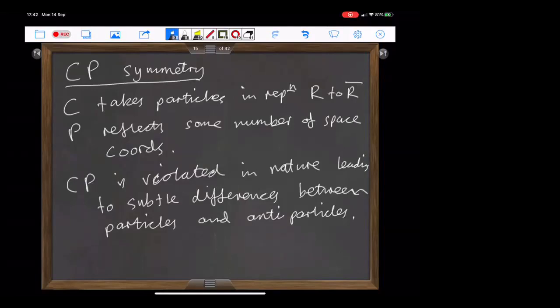Just a side remark, CP is subtly violated in the real world, and this leads to subtle differences between particles and antiparticles. This has to be true anyway, since the universe contains much more matter than it does antimatter.